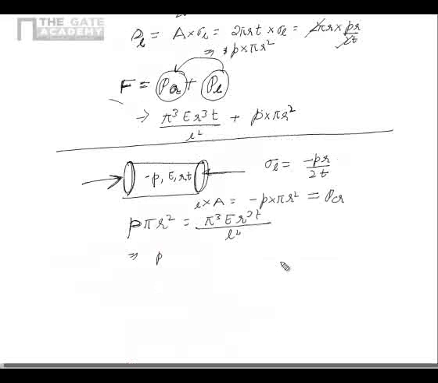That leads me to the value of P, which is pi square E r T upon L square. That is the amount of pressure which has to be there in the form of a suction pressure in the pressure vessel such that it buckles.